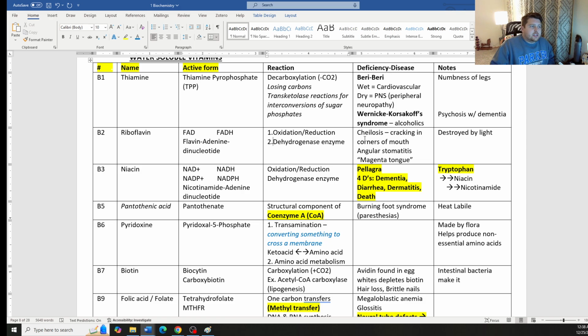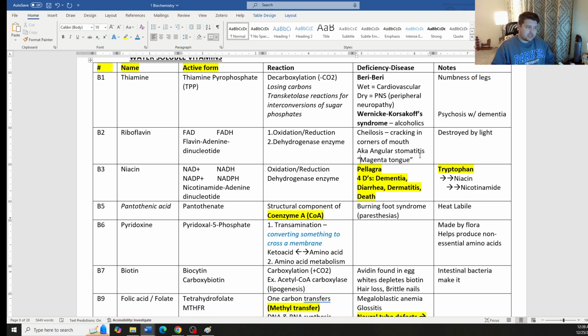For deficiency or disease, you will see something called cheilosis. This is cracking in the corners of the mouth, also called angular stomatitis. So cheilosis and angular stomatitis are the same thing. You can also have what's called a magenta tongue.